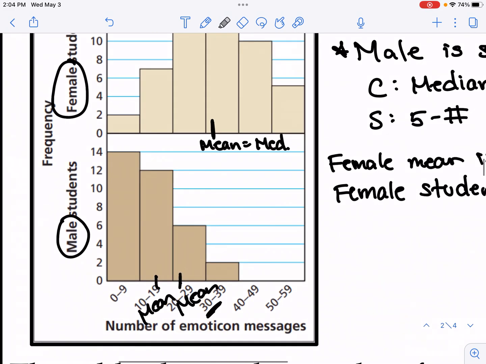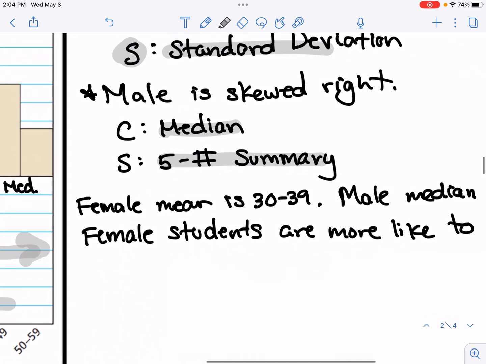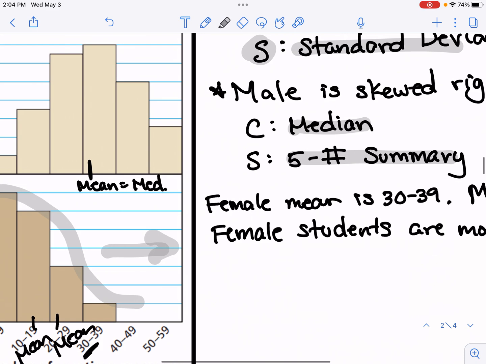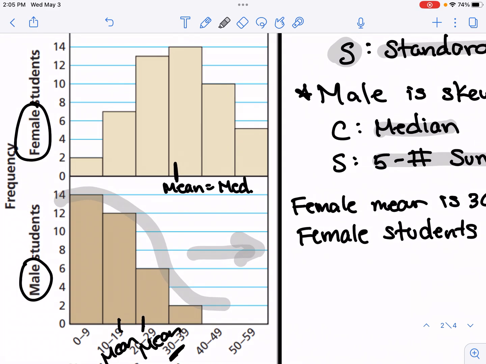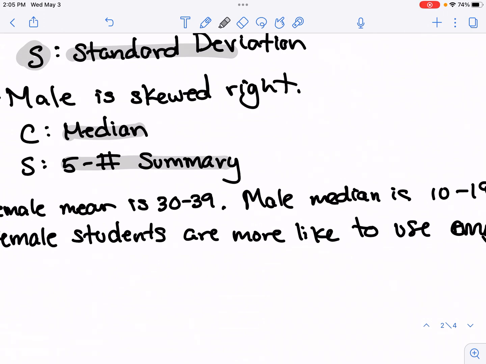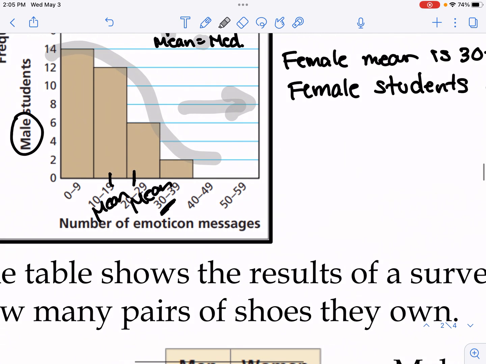For male, it was skewed right, tail pointing to the right. So we would use the median for the center and the 5-number summary for the spread. Now, the median is 30 to 39. And for the measure of skewness, since it's skewed to the right, it pulls the mean closer to the right, whereas this should say median.